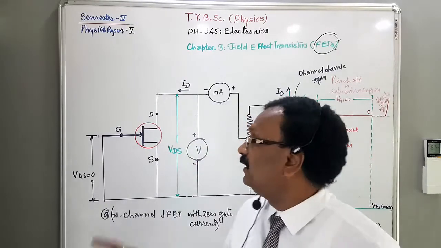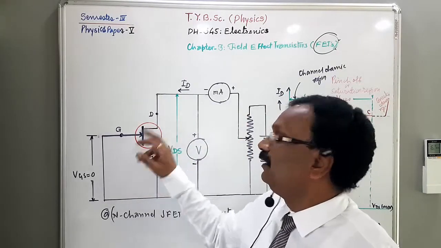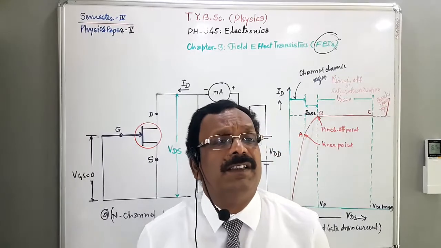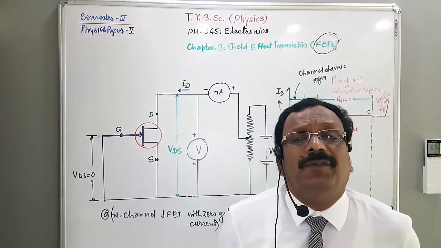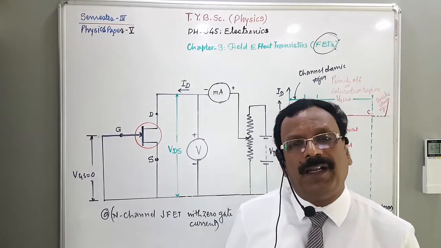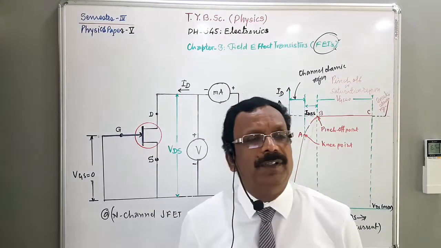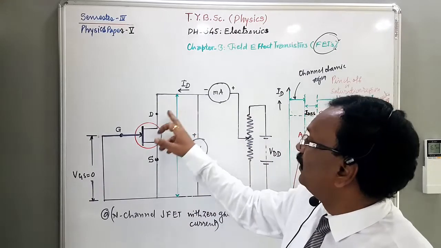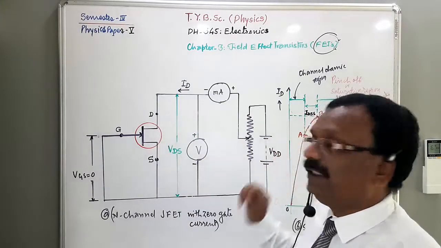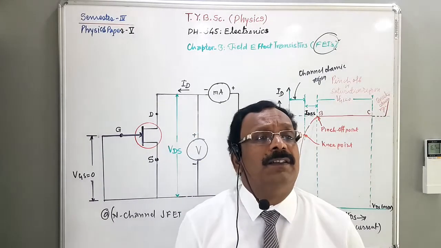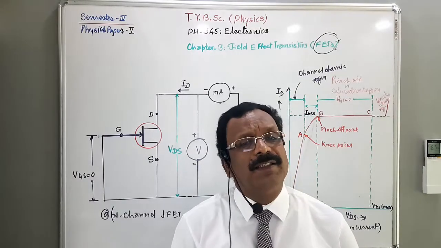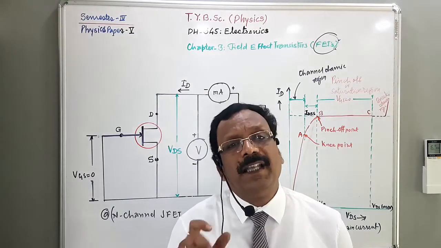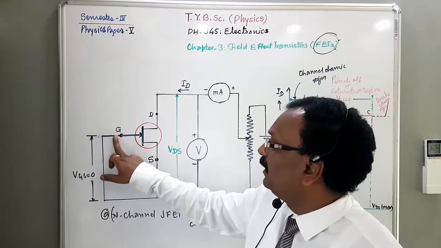Here we consider N channel JFET. When the voltage is applied between the drain and source, that is this VDD, voltage between drain and source, and the gate is kept open. Suppose initially the gate is kept open.